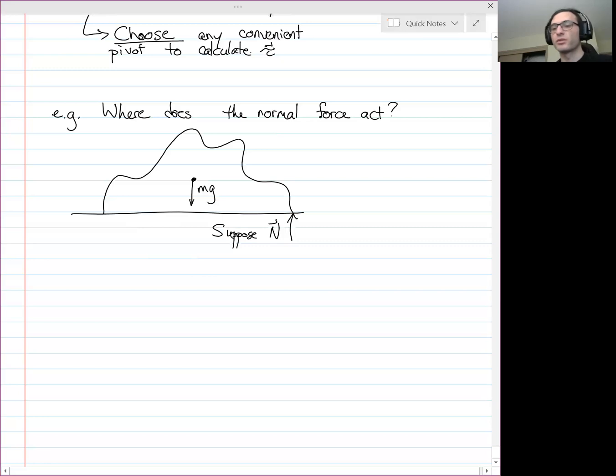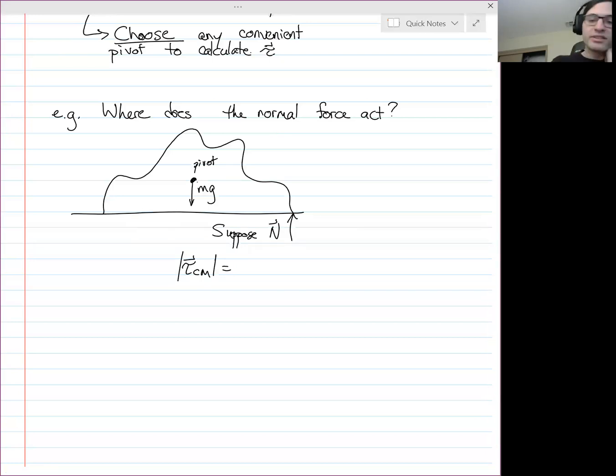Just for kicks, let's choose the center of gravity, or the center of mass, as our pivot point, because we can choose any pivot point. We know the net torque has to be 0. So the magnitude of the torque about the center of mass: gravity doesn't contribute, because the moment arm is 0.